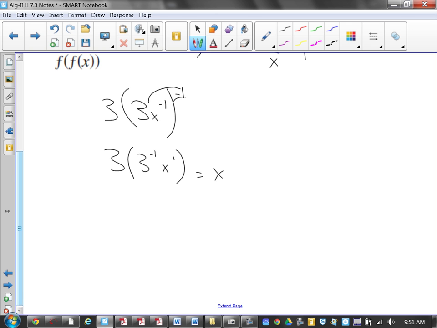Power to power rules, you distribute out the exponents. What's 3 times 1? That's 1.